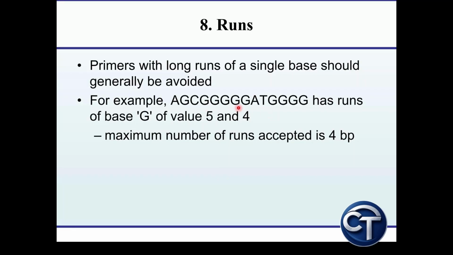For example, in this sequence, we have a number of Gs, and if we count 1, 2, 3, 4, 5, 6, 7, 8, 9, and 10, this number is not acceptable. The maximum acceptable value should be 4 or 5. Otherwise, the GC content would be very high and it would be very difficult for the primer to bind to its complementary site.